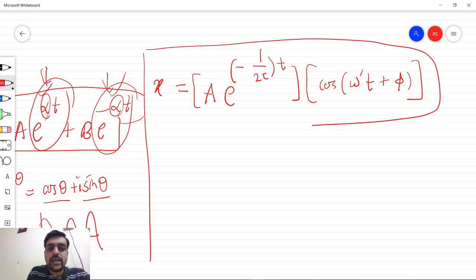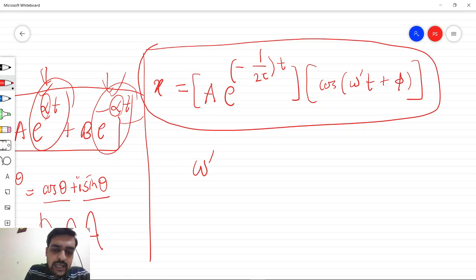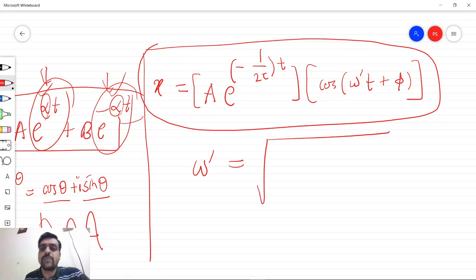This is a typical solution where omega dash is some new constant. Since it is complicated, we replace that complicated term by another constant omega dash. It is given as the square root of omega squared minus the bracket 1 by 2 tau squared.